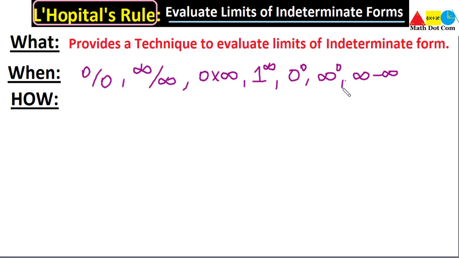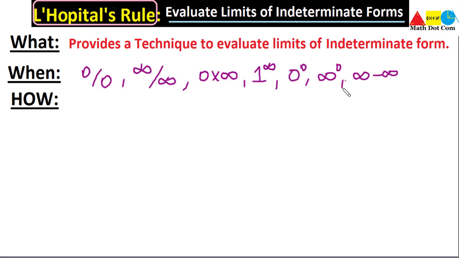So you came to know when you have to apply it: when you get an indeterminate form after evaluating the limit, or after putting the value of x in the given function, while we deal with limit questions. Now how can you do this?